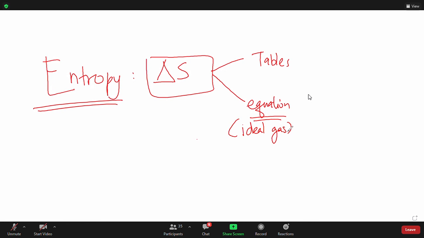What is the delta S for an ideal gas? Everybody, please. What's the equation for an ideal gas? You have to memorize it by now. Yes, Imran, CP. Can also use CV, up to you. Which one do you want to use?